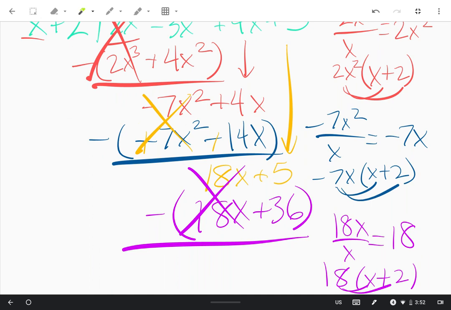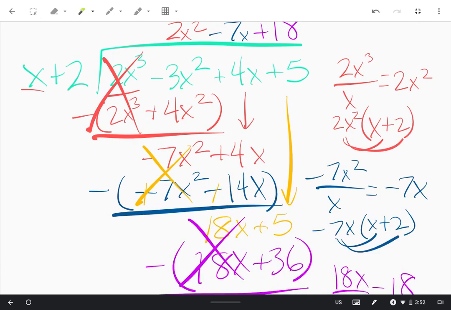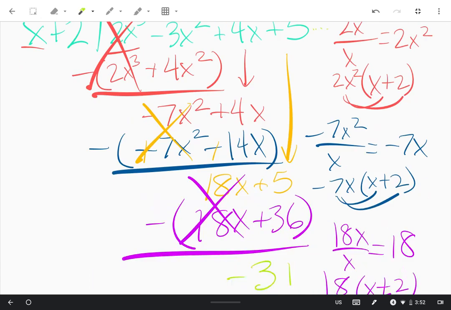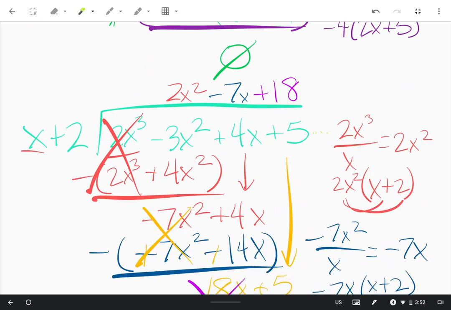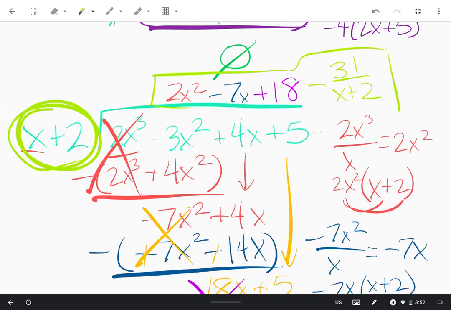Then 5 minus 36 is negative 31. Notice there is nothing else to bring down, so this is what we call the remainder. How do I write that? You can just put remainder negative 31, or put it as minus 31 over the original thing you divided by, x plus 2. This would be the final answer to the problem with a remainder.